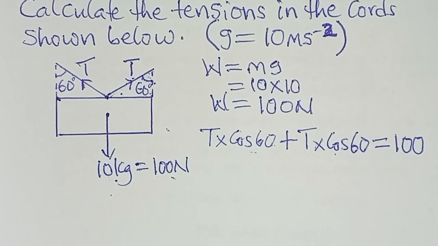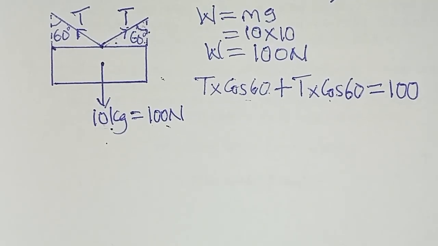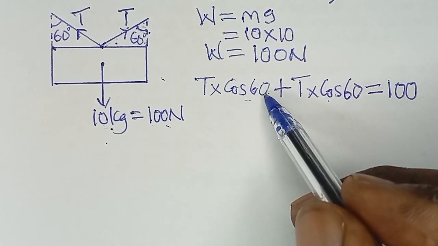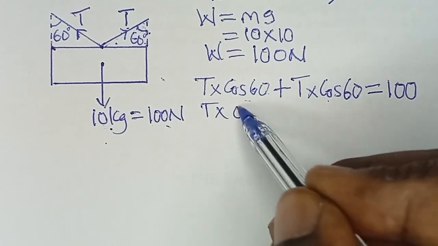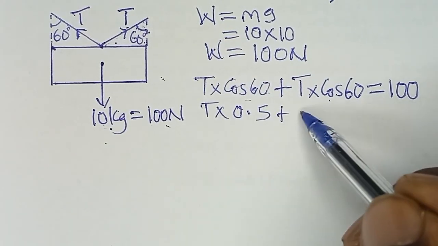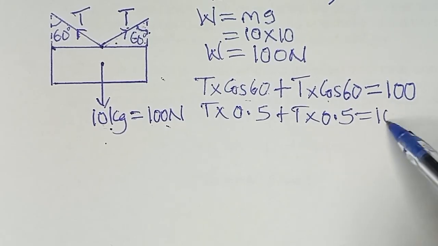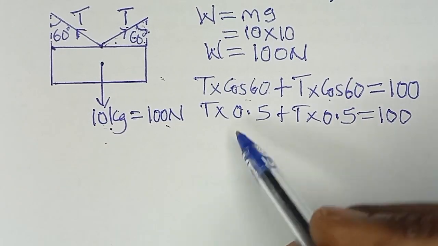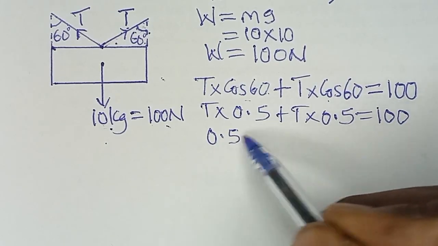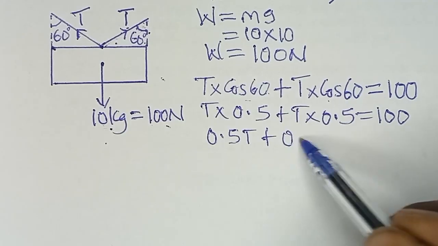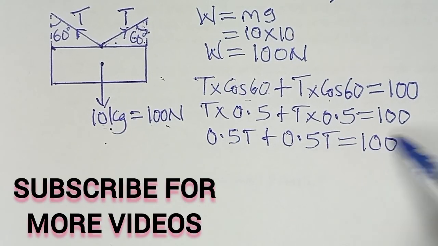So from there, we can now simplify further so that we can get the value of the tension. The cosine of 60 degrees is 0.5. So T times 0.5 plus T times 0.5 is equal to 100. So 0.5T plus 0.5T is equal to 100.